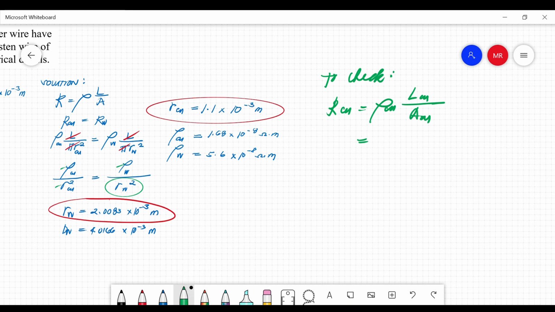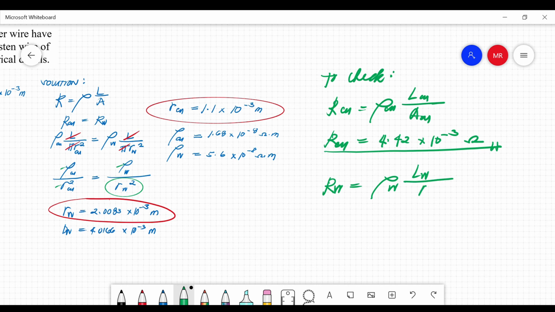So this is the resistance of copper. Let's see if we can get the same value for the tungsten. The resistance of the tungsten would be rho tungsten, length of the tungsten, over area of tungsten.